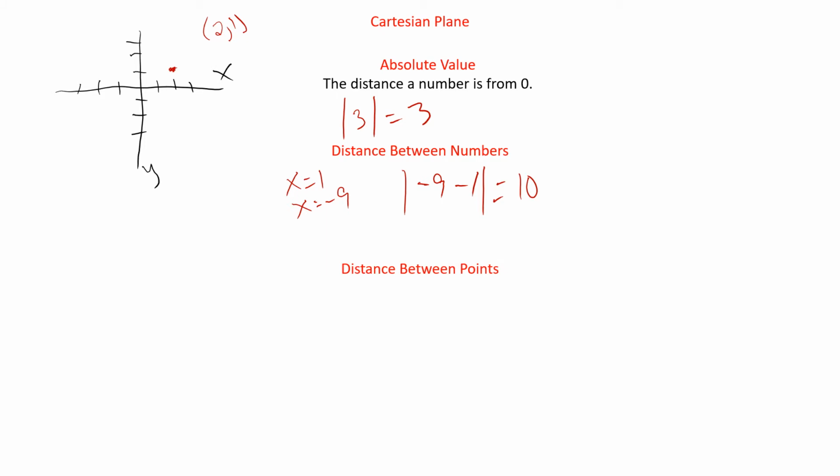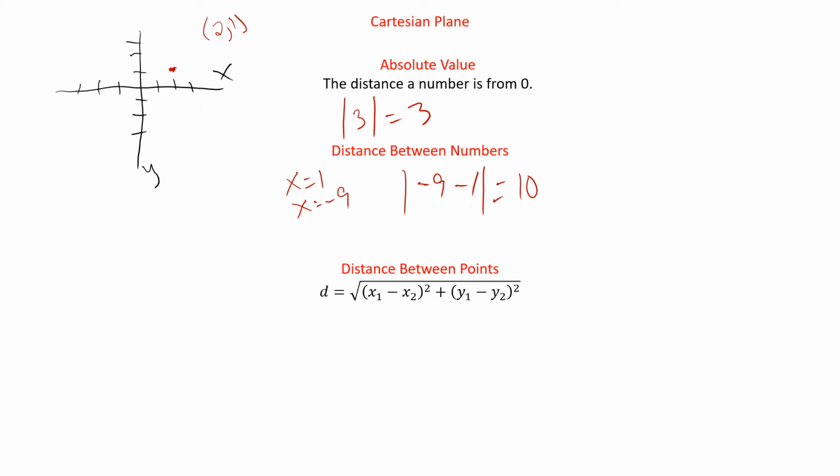The distance between points. This one is a little bit tougher because it's not a straight line, so it uses the distance formula, which, if you remember, looks a lot like that. It's the x point minus the x point squared plus the y point minus the y point squared, and then the square root of that whole thing.